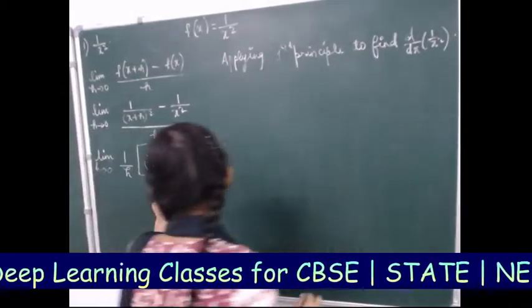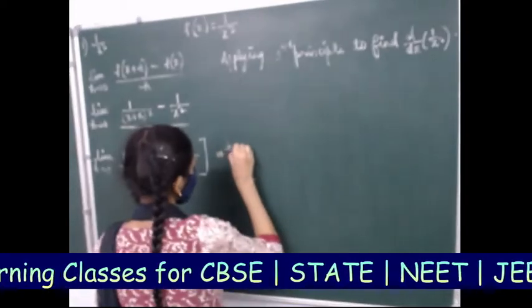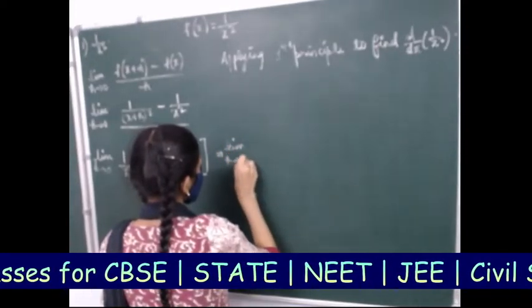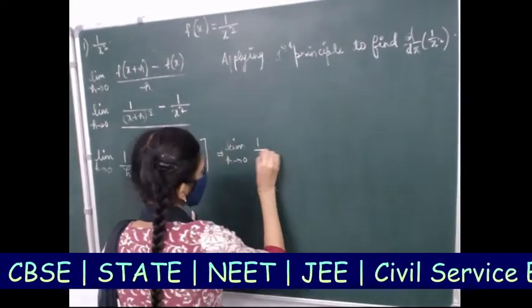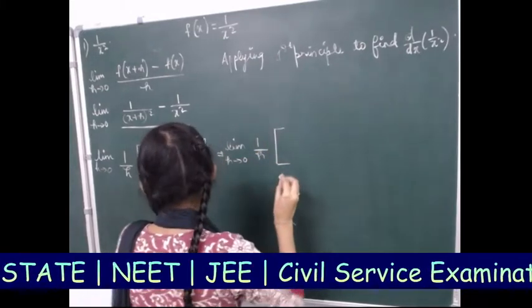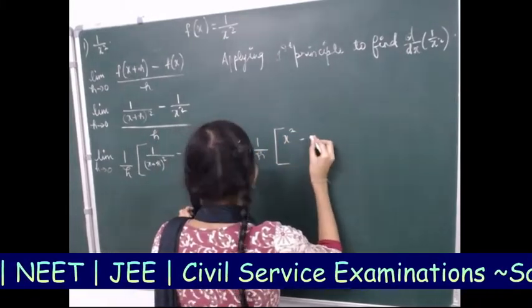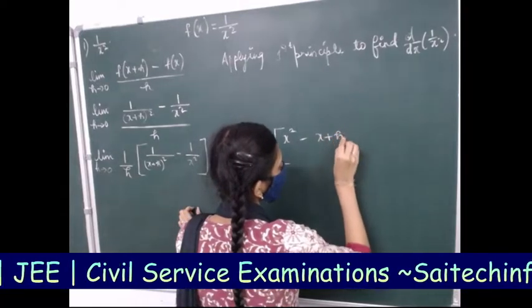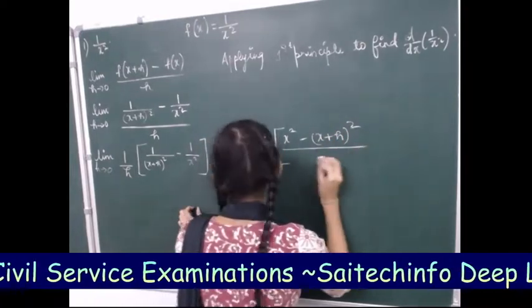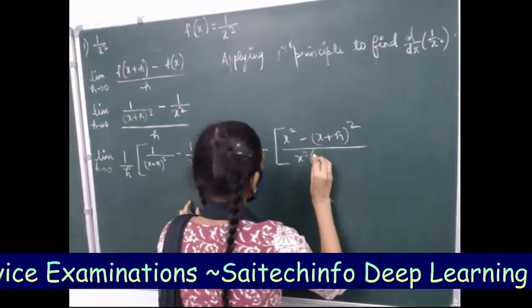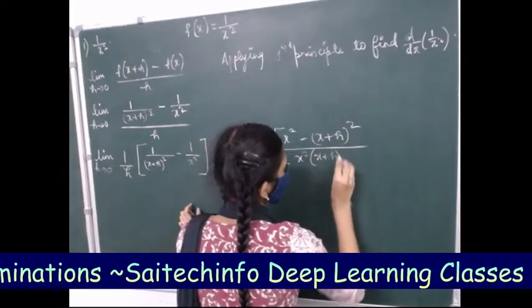So I am taking LCM here. Limit h tending to 0, 1 by h into x square minus x plus h the whole divided by x square into x plus h the whole square.